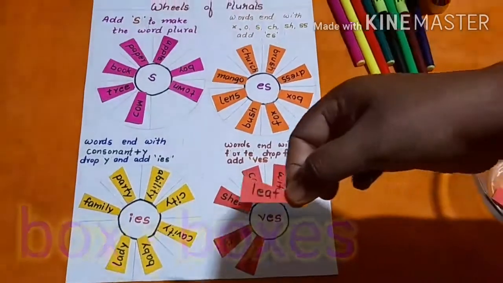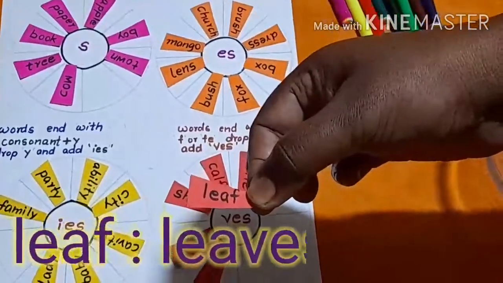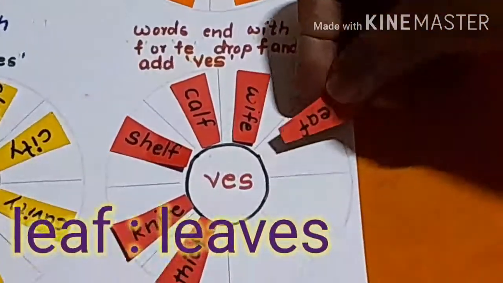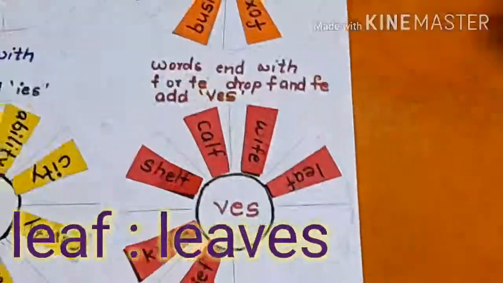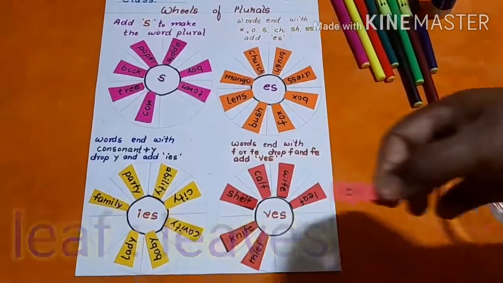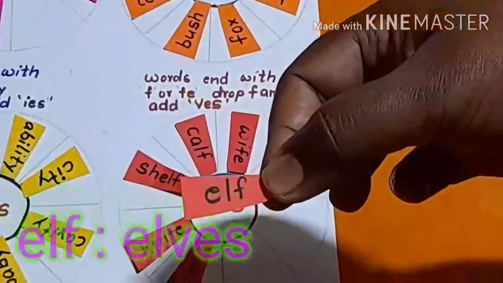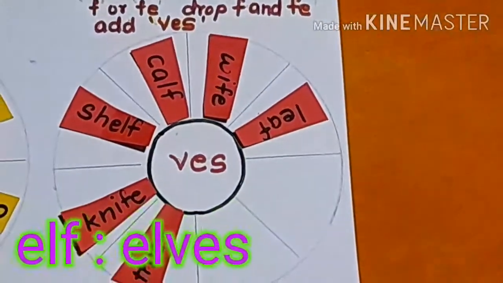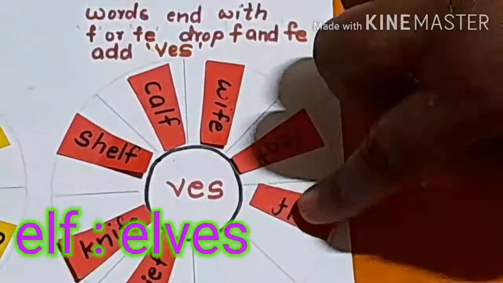Next word I got leaf, ends with F. So we have to remove F and we have to add VES. The plural of leaf is leaves. Next I got elf. The plural of elf is elves. F we should remove, add VES.